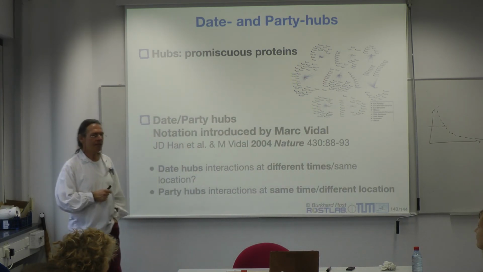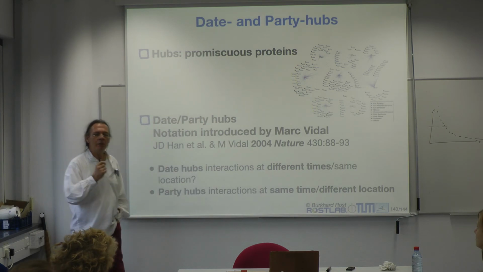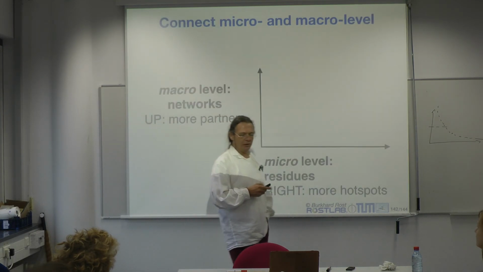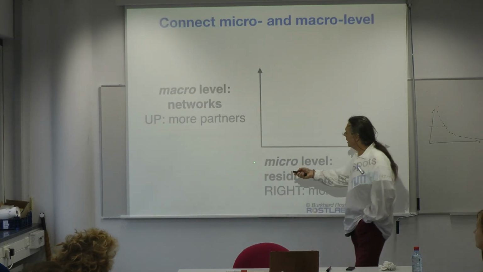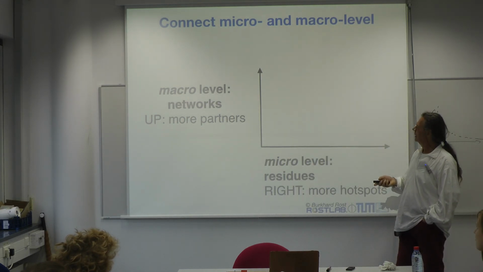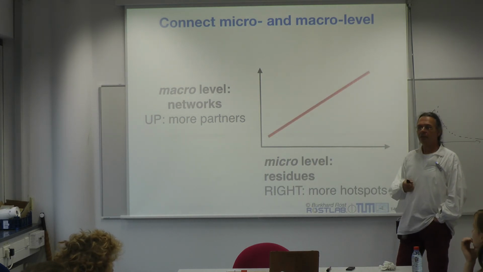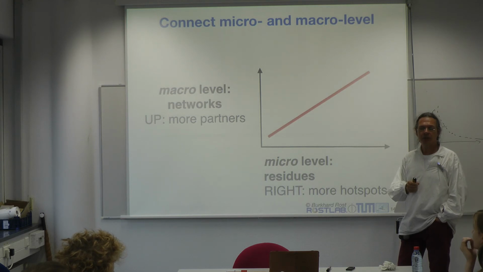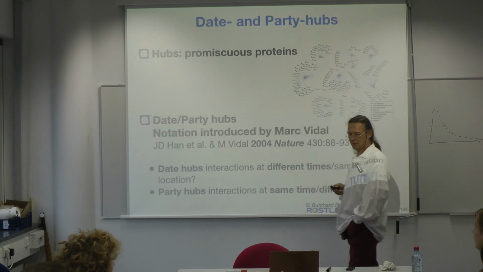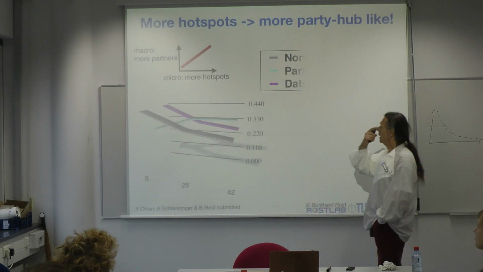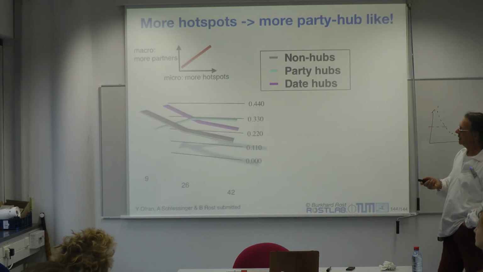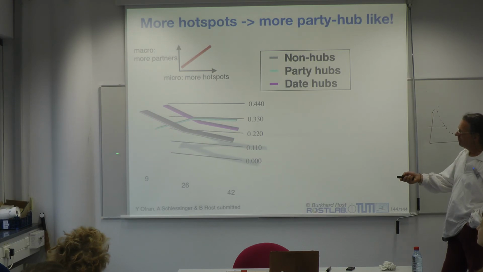Now, in this context, then, where we would see this correlation that I talked about here is for party hubs, right? Not for date hubs. So let's see whether I can see a difference between date and party hubs. And the answer is here. So essentially more binding sites predicted.